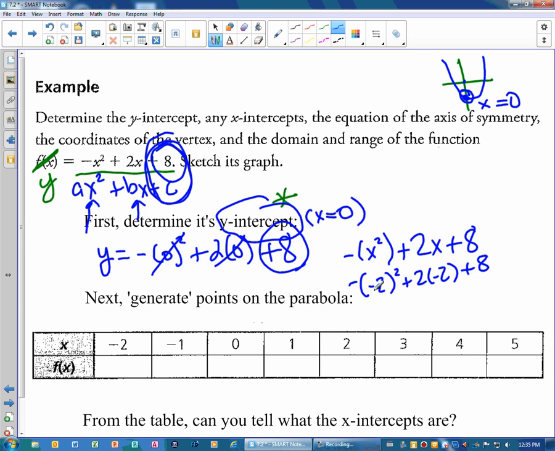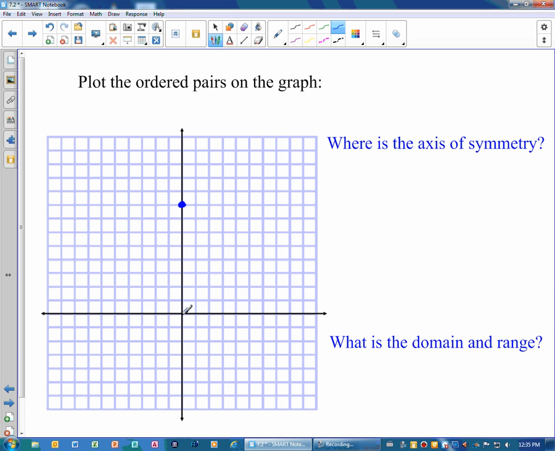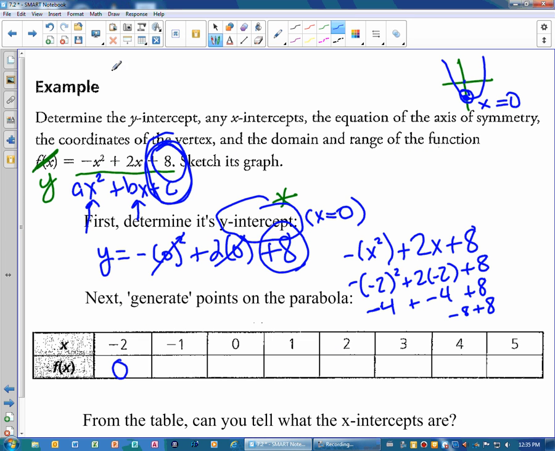Negative 2 times negative 2 is 4, but that minus is sitting in front of it, so it's going to be negative 4. 2 times negative 2 is negative 4, plus 8. Well, negative 4 and negative 4 is negative 8. Plus 8 is 0. So when x is negative 2, y is 0. There's my ordered pair.